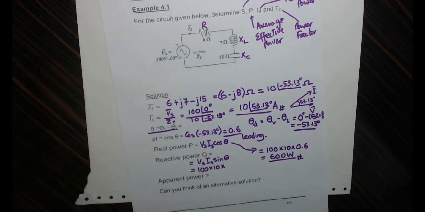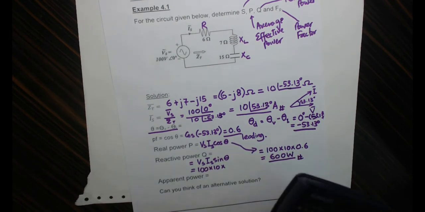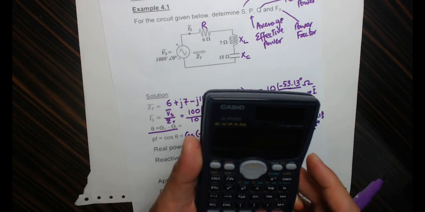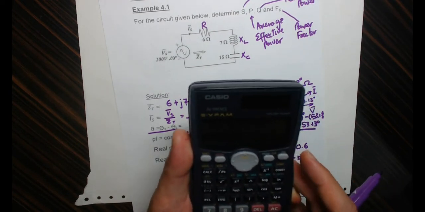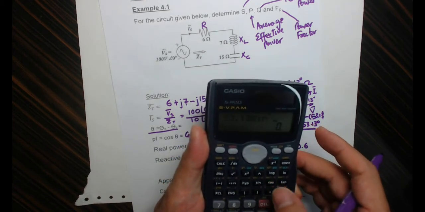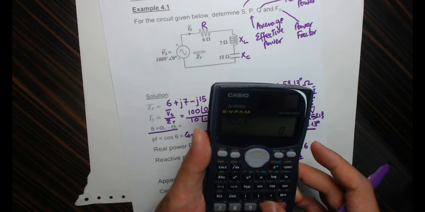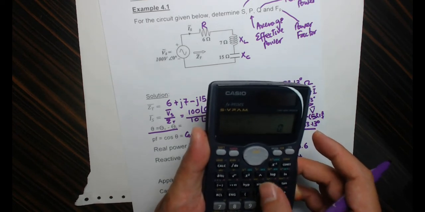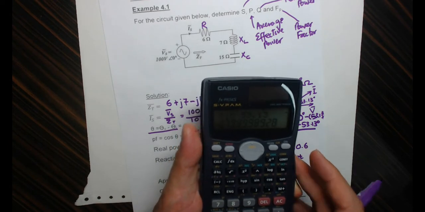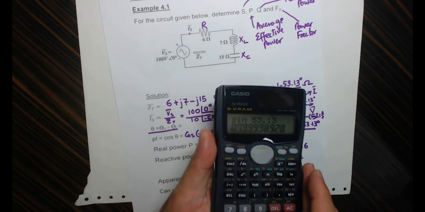Let's calculate that. Sine of 53.13 is 0.7999, so let's say it's 0.8.